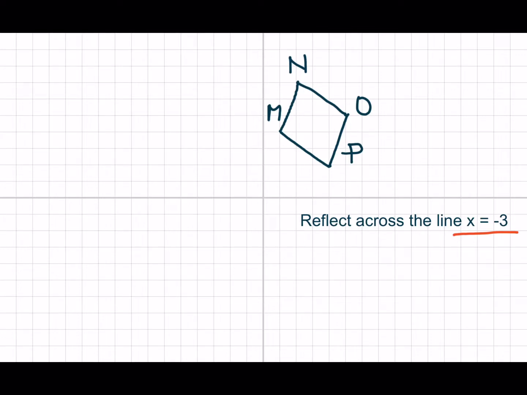This is not a reflection across an axis. X equals -3, if you recall, is a vertical line. Alright, so we are going to be reflecting across this vertical line. Draw in your line. X equals -3 is right here.